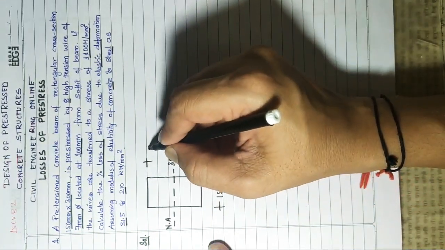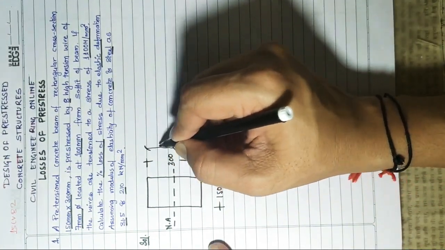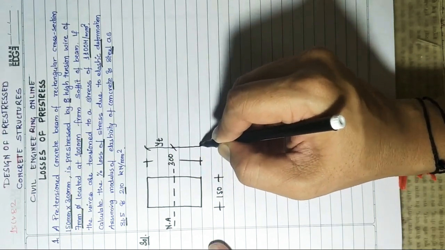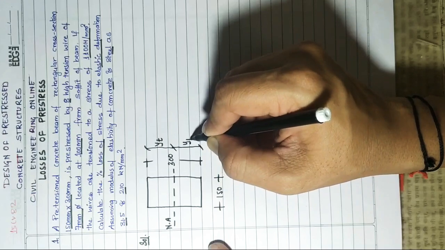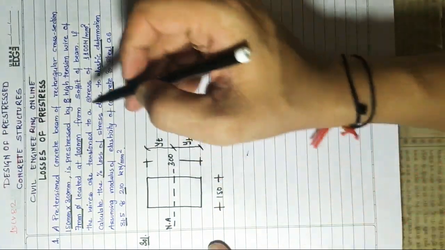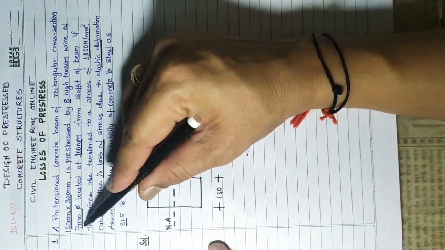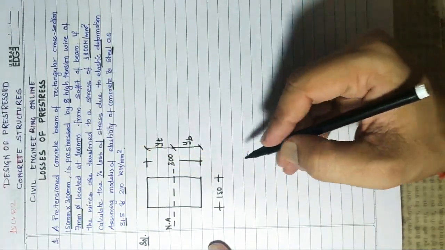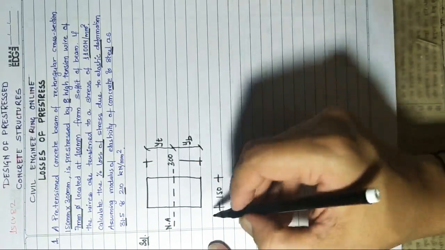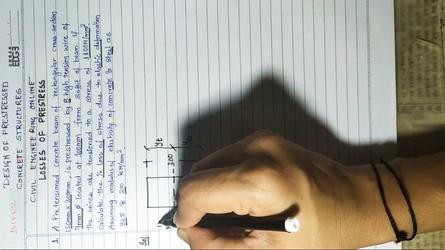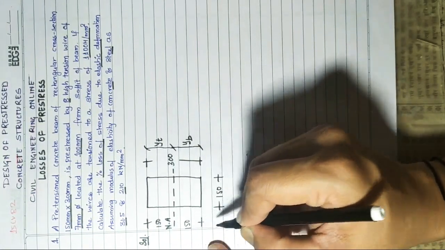We all know that this distance is called yt and the distance below the neutral axis is called yb. Now they have given 8 wires of 7 mm diameter located at 100 mm above the soffit. So below the neutral axis this is 150 mm and above the neutral axis 150 mm.